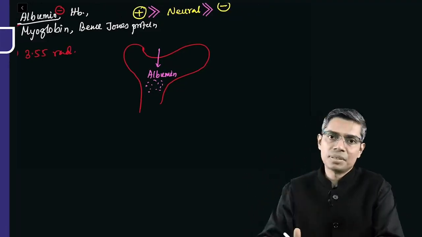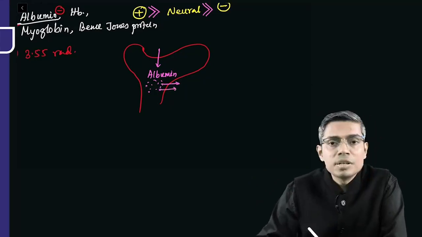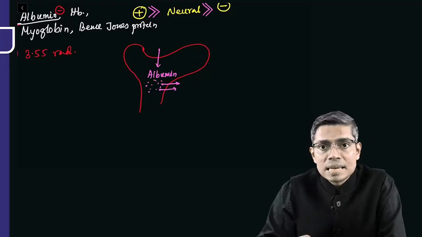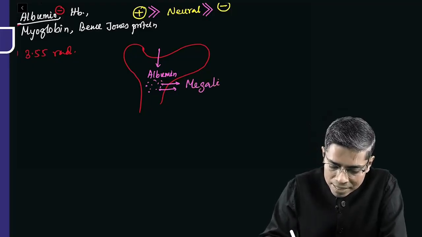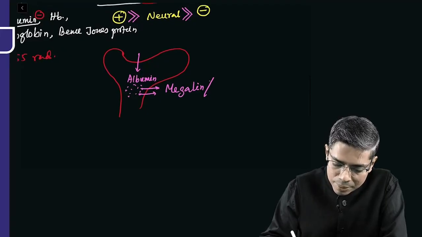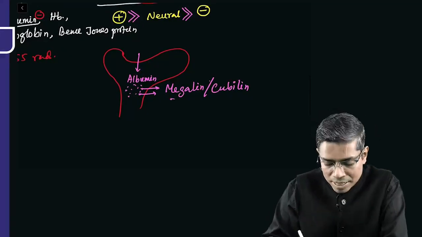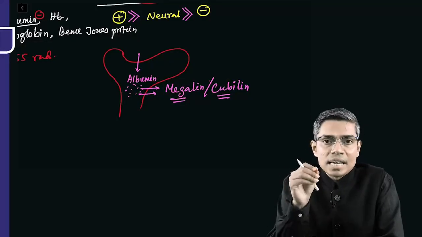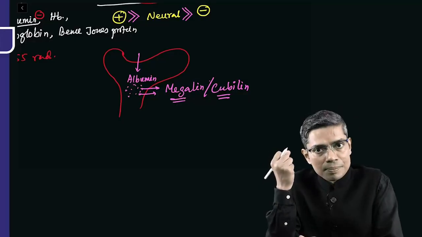Because even after filtration, most of the albumin will be reuptaken by two receptor proteins, known as megalin and cubilin, C-U-B-I-L-I-N. These proteins help in endocytosis of albumin.